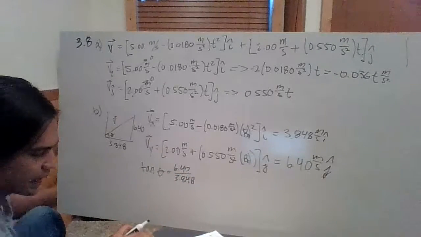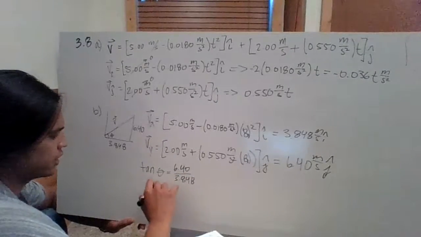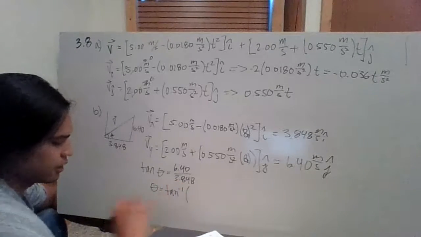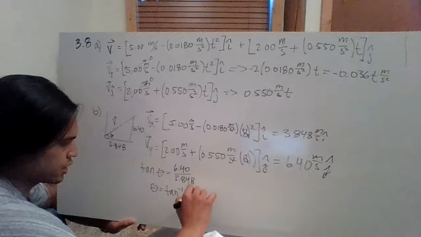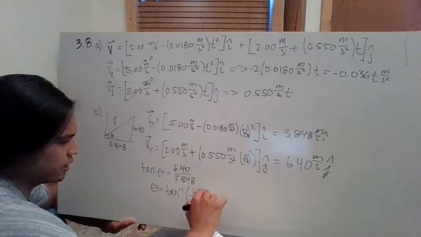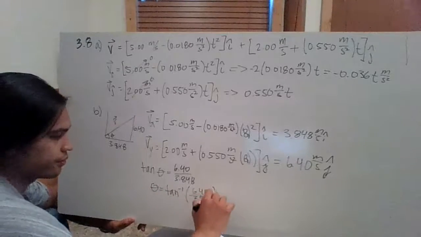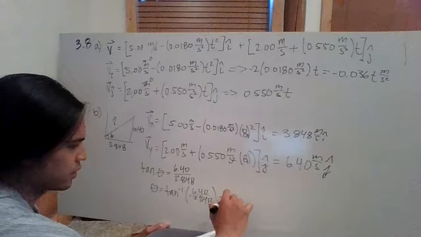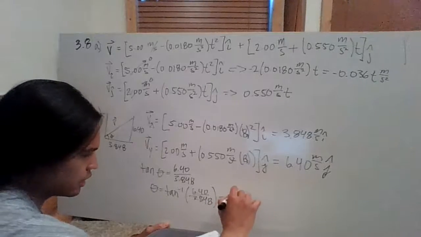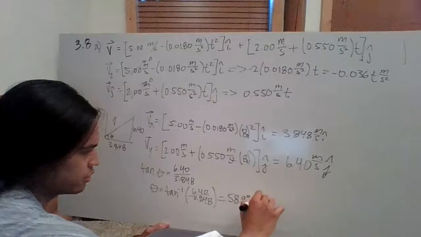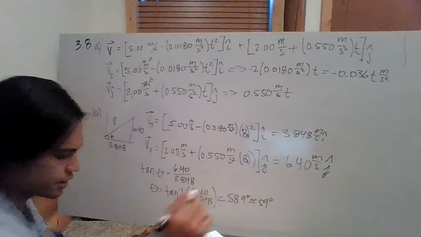You manipulate that to get theta equals inverse tangent of 6.4 over 3.848, and that will give you 58.9 degrees, or rounded up to 59 degrees.